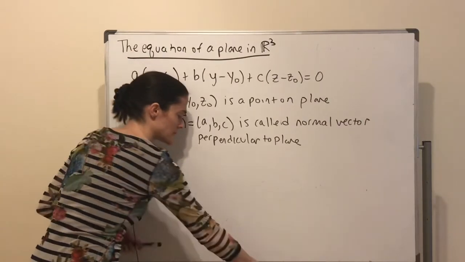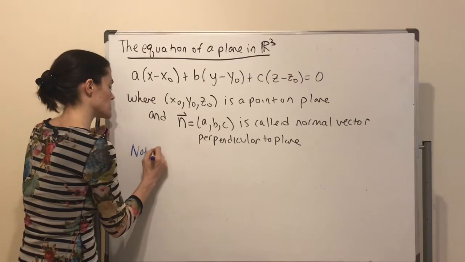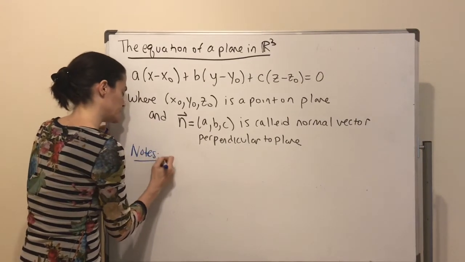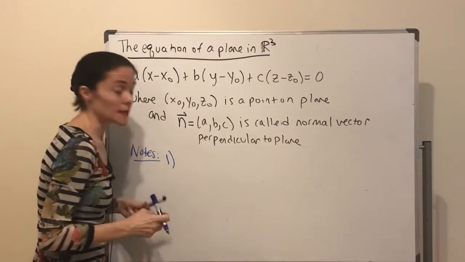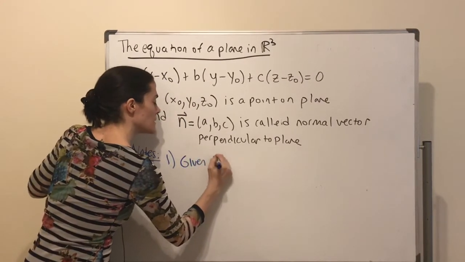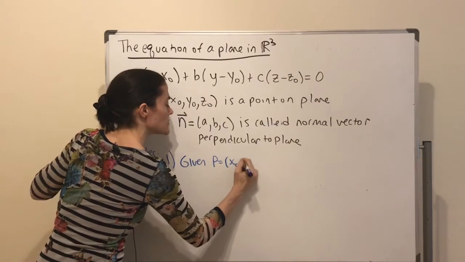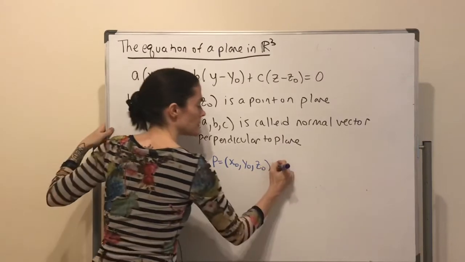So maybe I will make some notes right now as we think about this before we do some examples. The first note that I will make is that this is really a dot product. We are given P, (x0, y0, z0), on the plane.